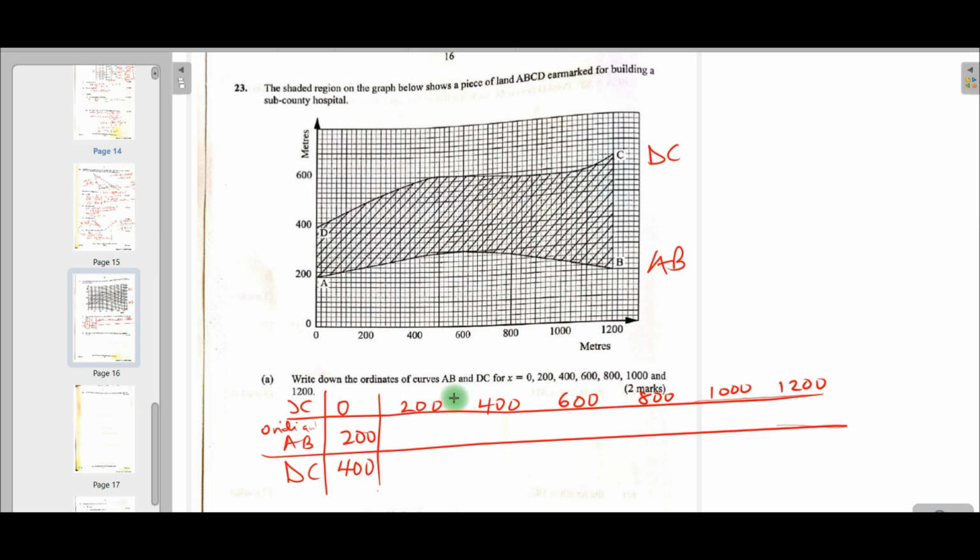Then when x is 200, the ordinate for AB is 240. For DC, it is 500.